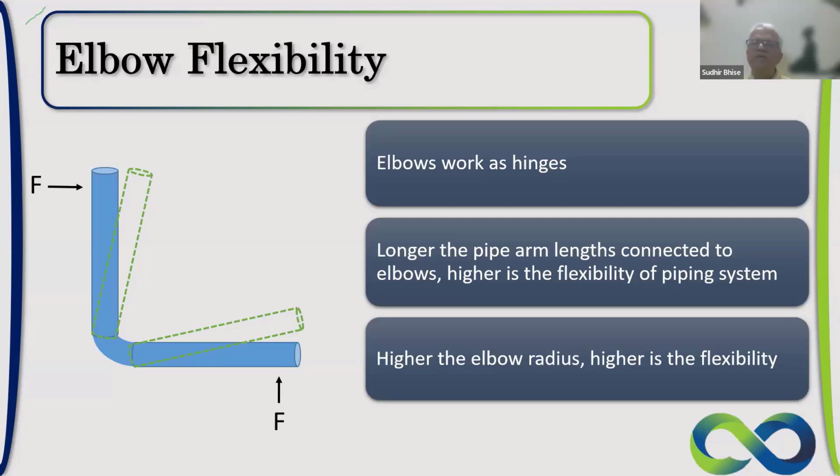Or if the rigidity of the pipe is 1, then the rigidity of the elbow is 2.5 or higher. That is the amount of rigidity it imparts, but it helps in achieving a different shape after the forces are applied at the ends of the piping connections, and that is how it achieves flexibility. So elbows help in increasing the overall flexibility of the piping system.